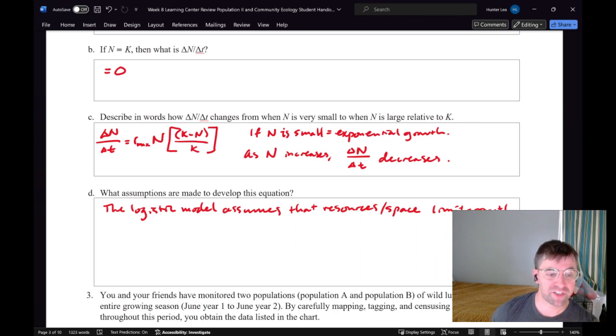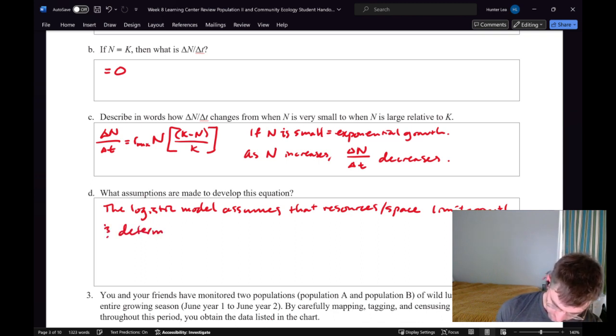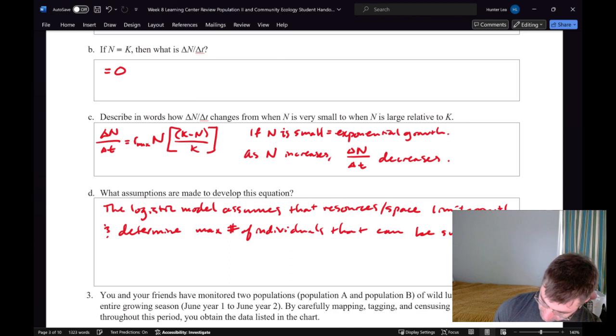These factors limit the growth of a population in that they determine the max number of individuals that can be sustained over time.